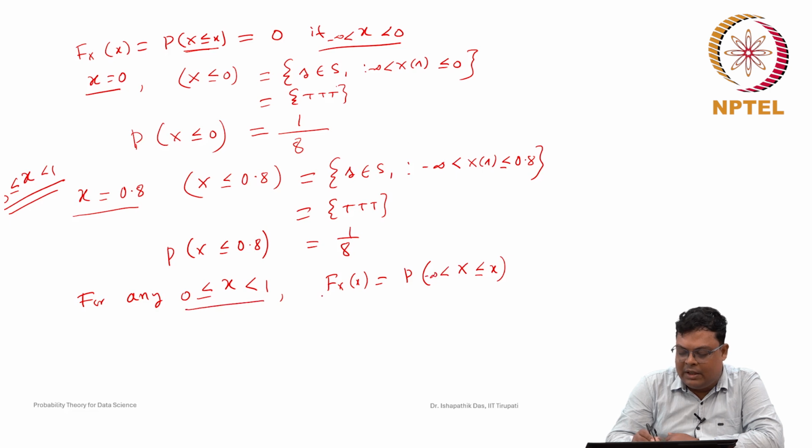Whenever x is between these values, the probability is 1 by 8. Note that sometimes it is confusing, we are not finding X greater than or equal to 0 and less than 1, that is not correct. Basically the small x is between 0 and 1, and this small x we put here, X is less than or equal to small x. So x is any value you consider between 0 and 1, then this function F(x) is nothing but 1 by 8.